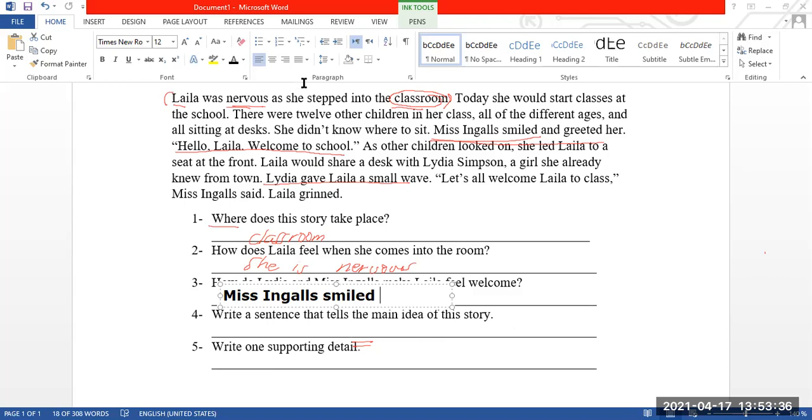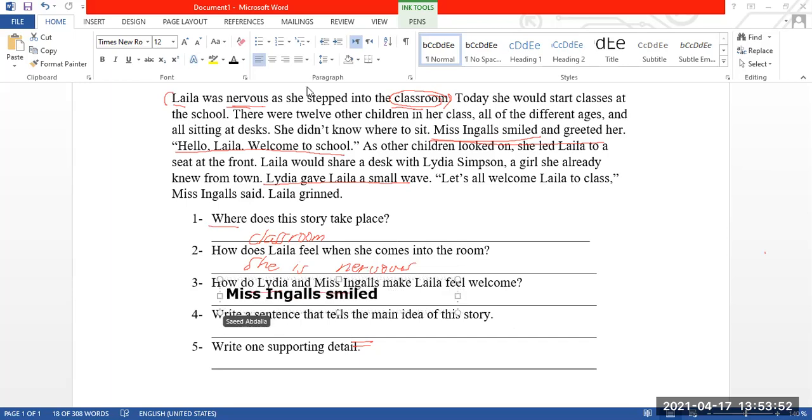And also her friend Lydia gave Layla a small wave. How did she give her?